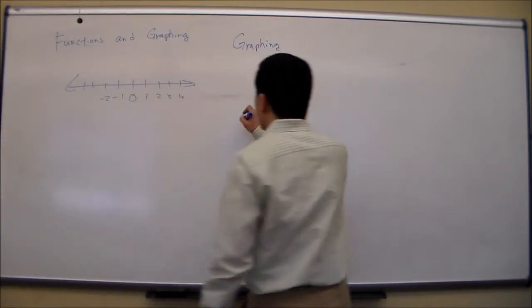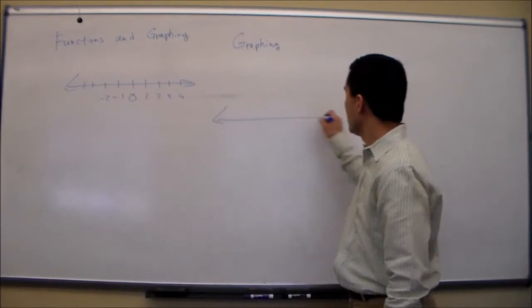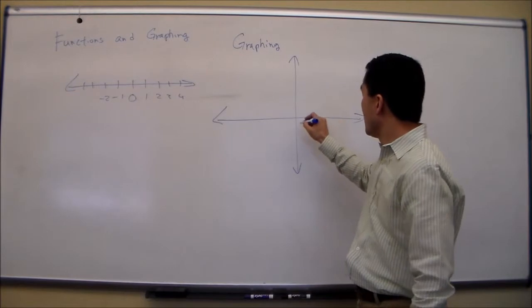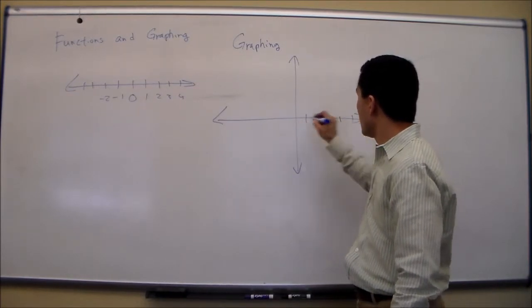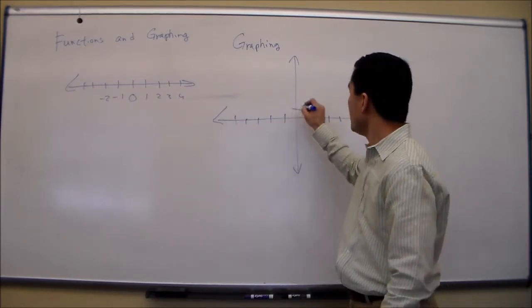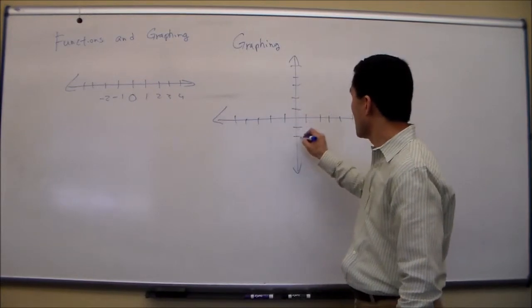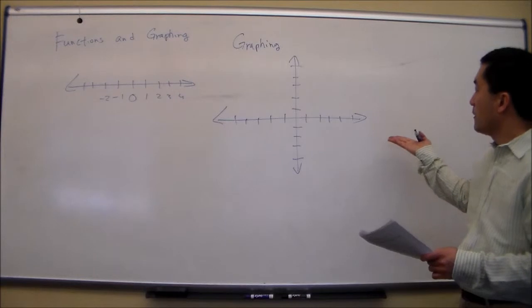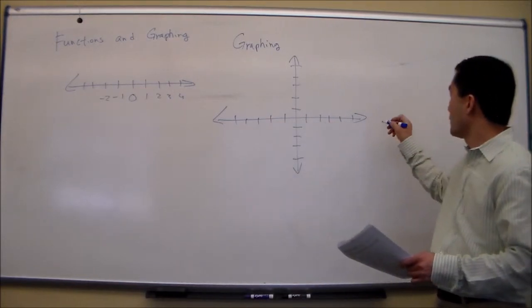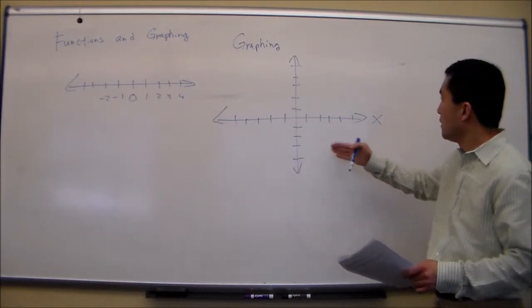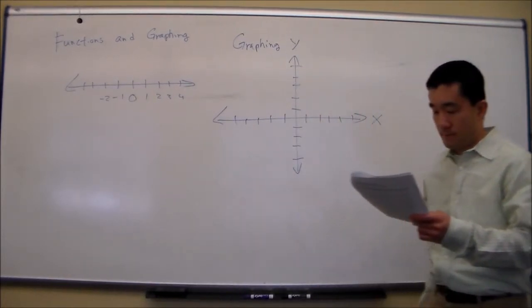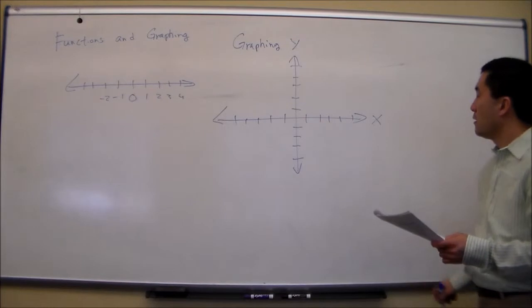If you intersect two number lines vertically, then you get a graph. By definition, the horizontal line represents the x values, and the vertical line represents the y values.